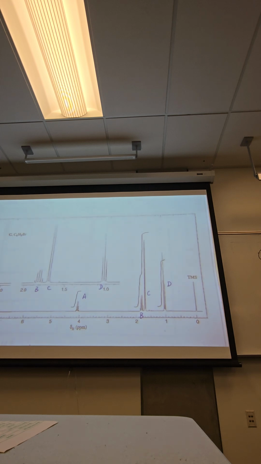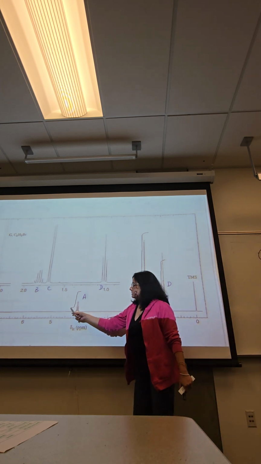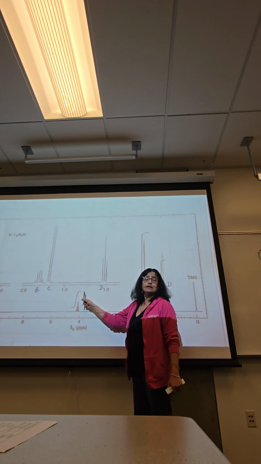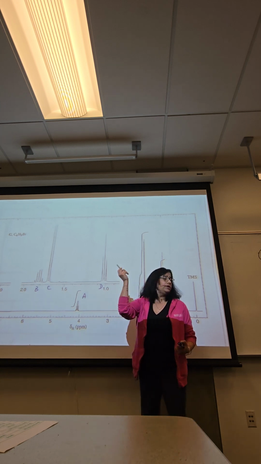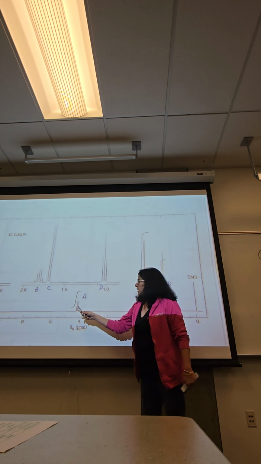This is why we need a ruler. The way our instruments show us the integration is using this curve that you see. And that's what you will be doing in the lab upstairs too, by the way.